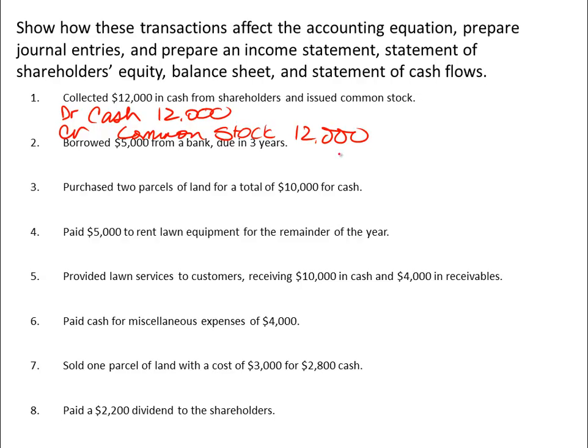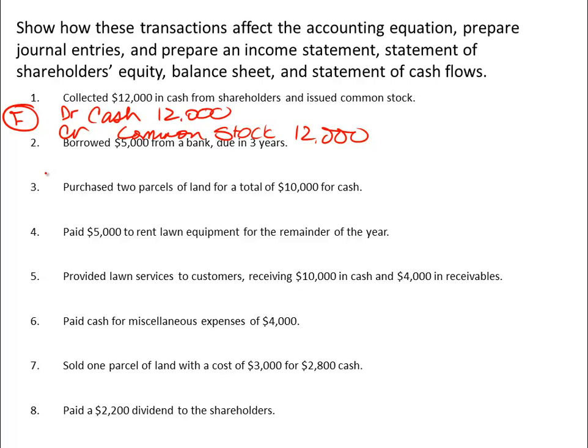Since the cash is flowing in due to contributed capital, that is, when we look at the cash flow statement, it could be either operating, investing, or financing. And since it's shareholders' equity, it's a financing inflow.